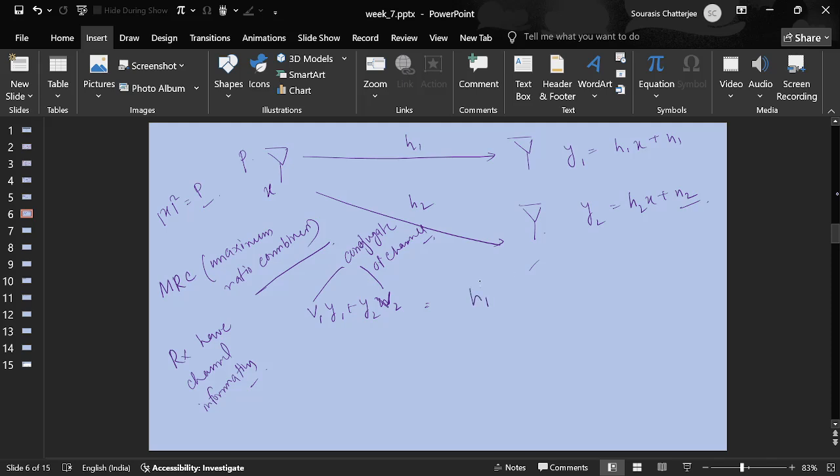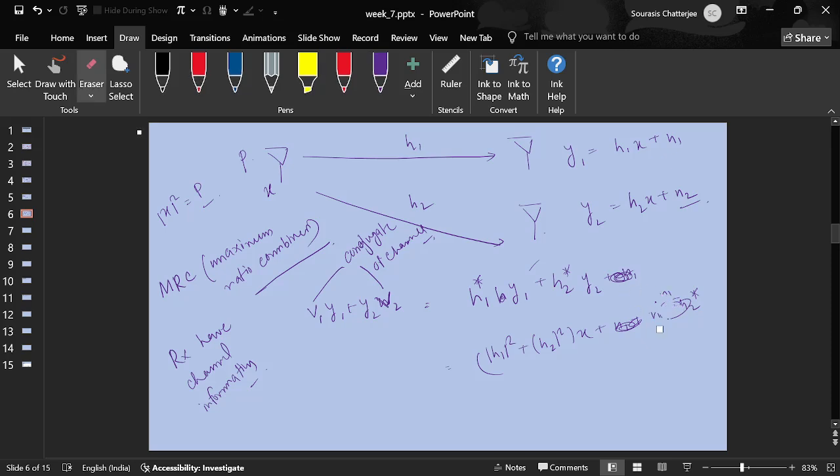So if instead of V1 I use H1 conjugate Y1 plus H2 conjugate Y2, then I will have the magnitude of H1 squared plus the magnitude of H2 squared, times X, plus H1 star N1 plus H2 star N2.